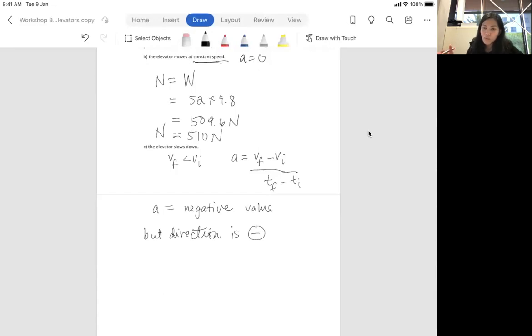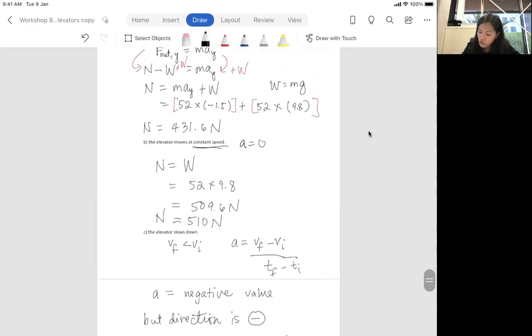A negative number multiplied by a negative will give you a positive. Overall, acceleration is positive.